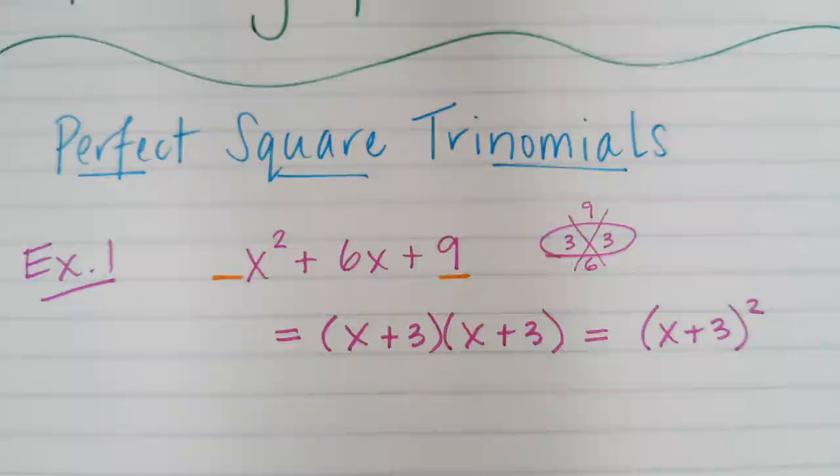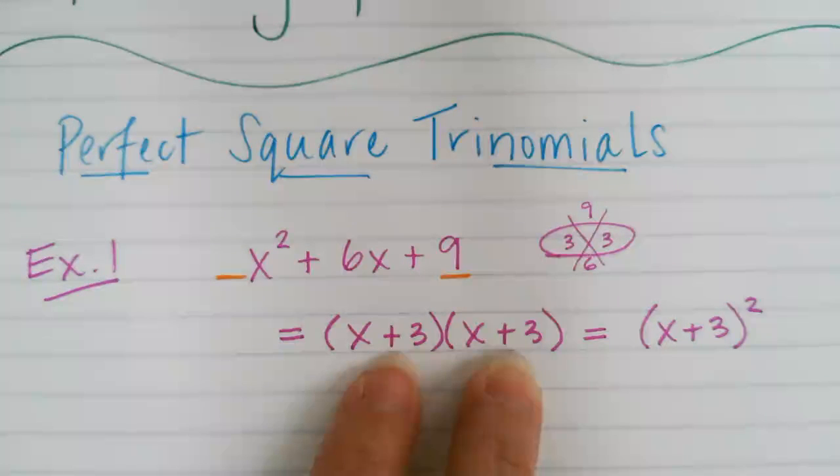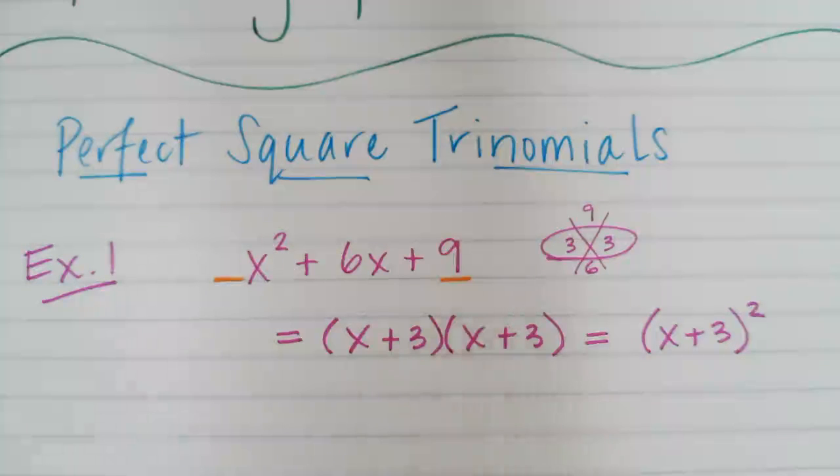It's not like we did anything specific to get that to happen. But when we have a perfect square trinomial, we end up having the same two numbers as our special numbers. So we end up with the same binomial twice, which we can write as squared.